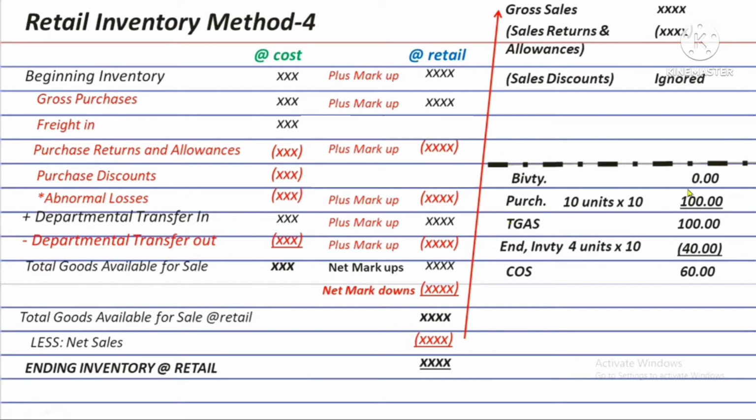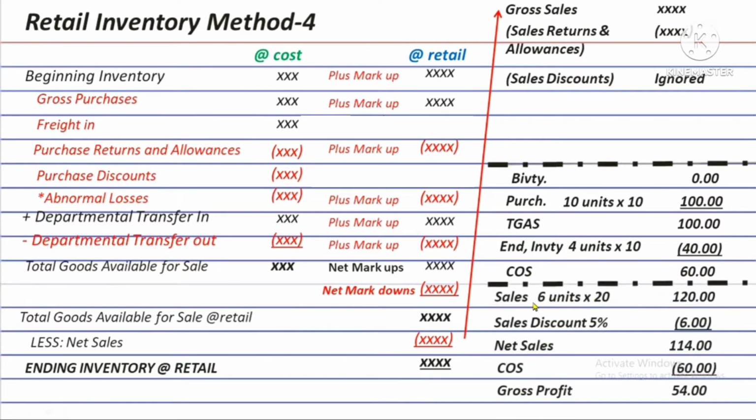So 0 plus the net purchases of 100, the total goods available for sale at cost is 100. Now, let's assume further that the remaining or unsold units during the current year is 4, as if 6 units were sold. So 4 times 10, then we will have an ending inventory of 40. Now, 100 total goods available for sale minus 40 ending inventory at cost, the cost of sales is 60.